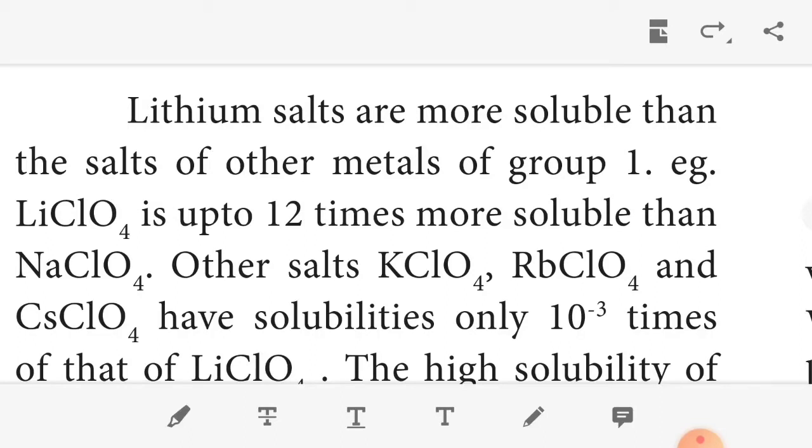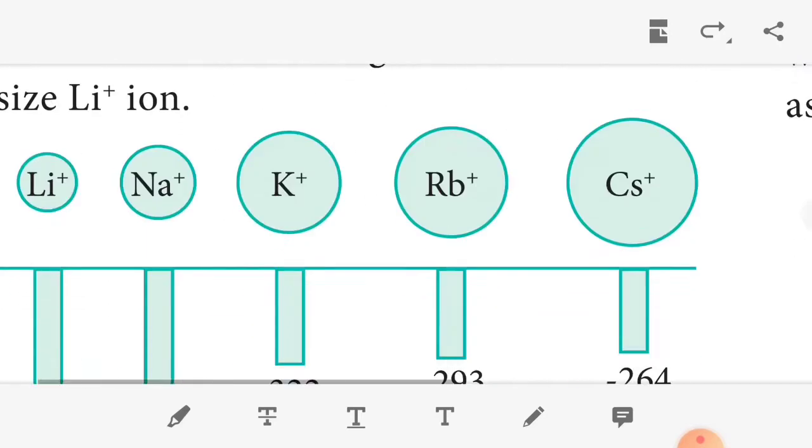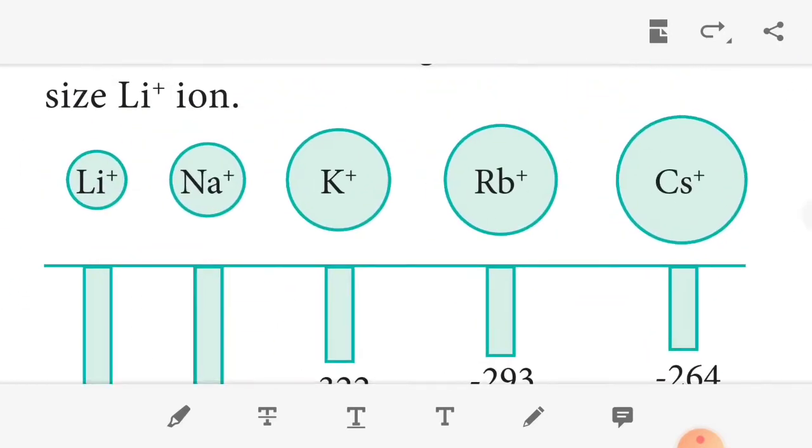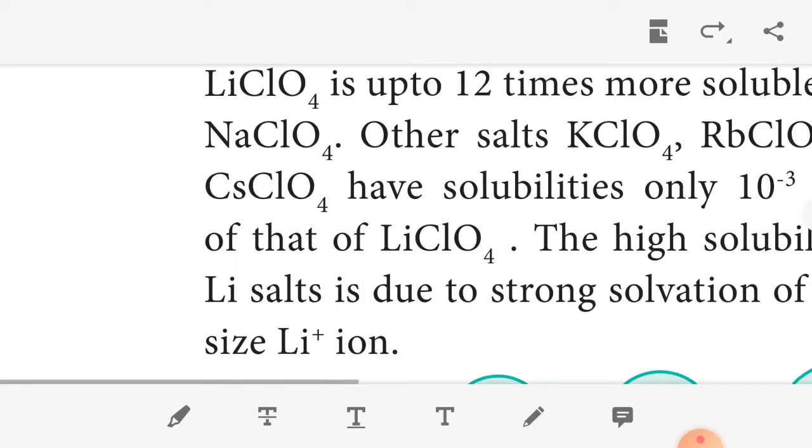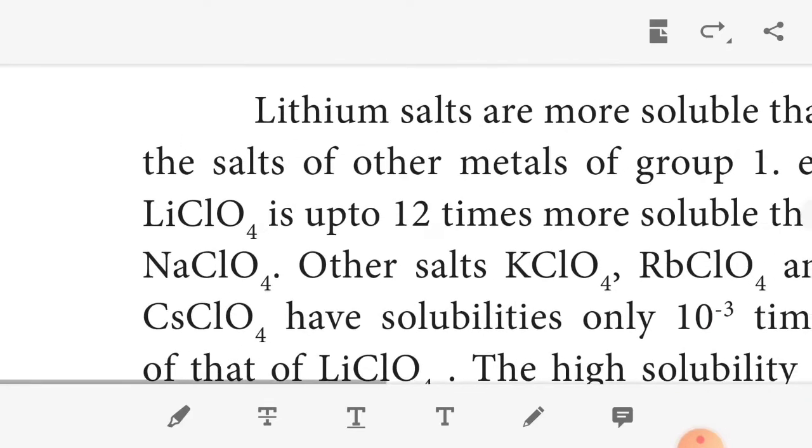The high solubility of lithium salt is because the small size of lithium is easily solvated compared to the others. The size of lithium is very small, so it has a more soluble nature. So lithium salts are more soluble than those of the other metals.